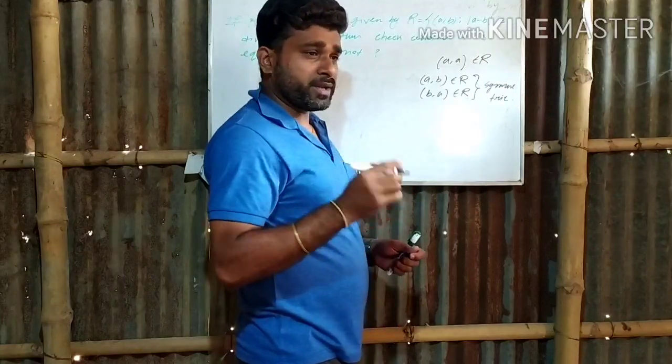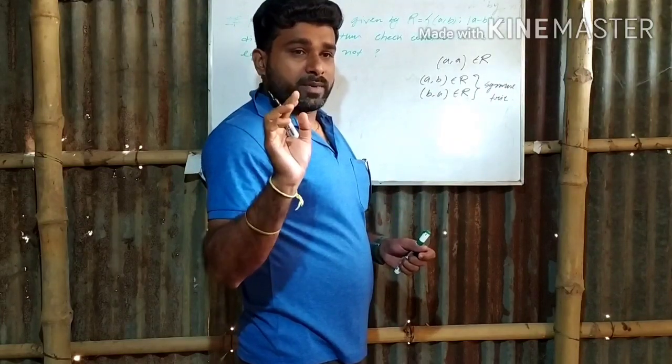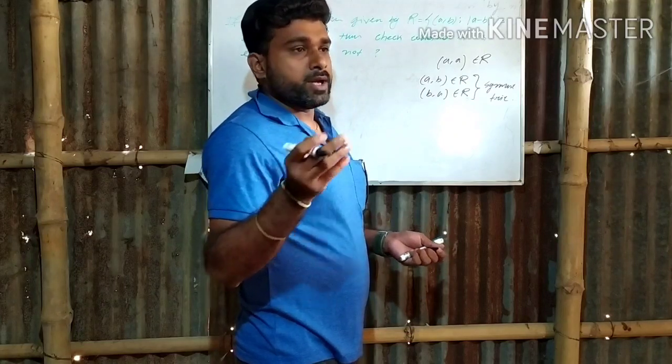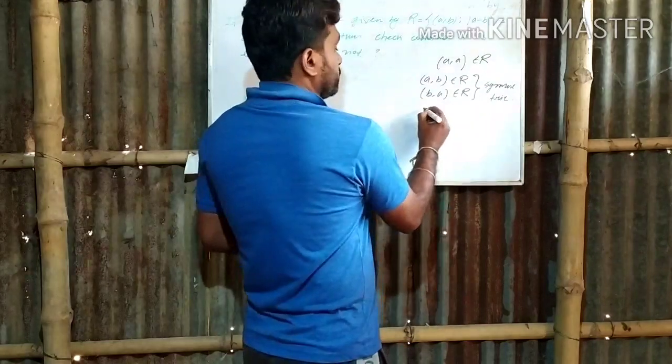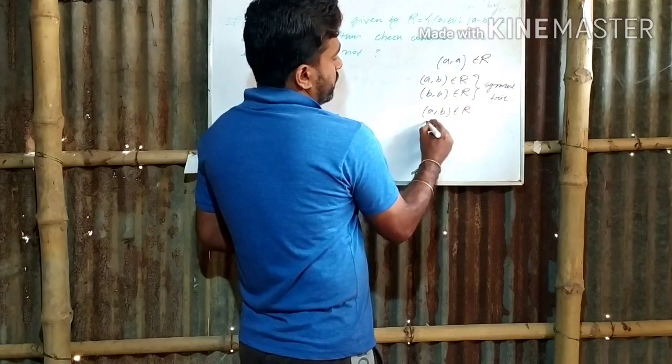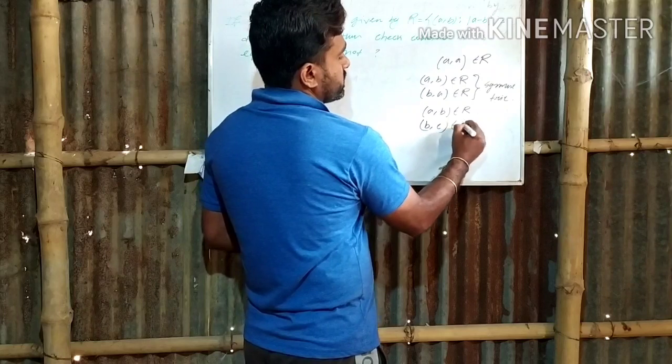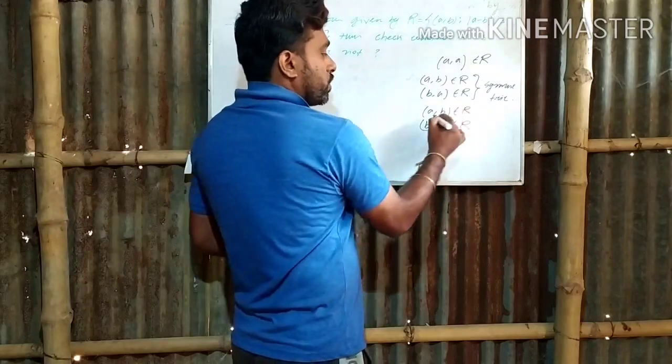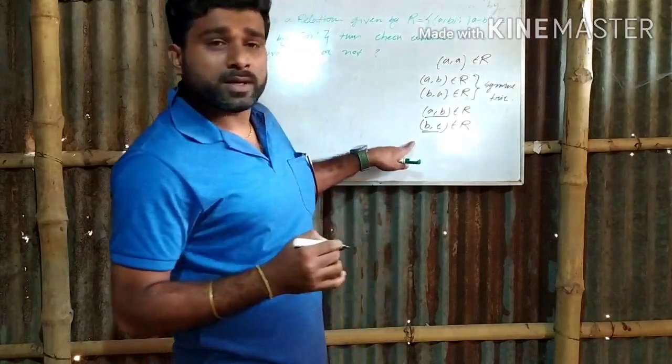And the transitive property is what? For the transitive property, 3 elements are required. The 3 elements a, b, c you can choose. For these 3 elements, the first ordered pair (a, b) belongs to R, and the second ordered pair (b, c) belongs to R. These two ordered pairs belong to the relation set.